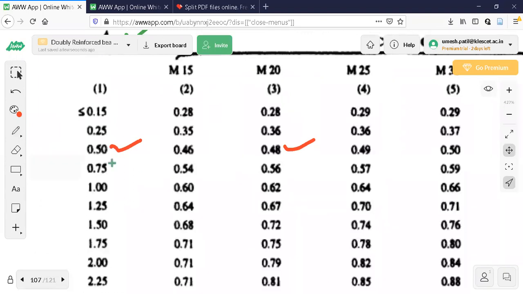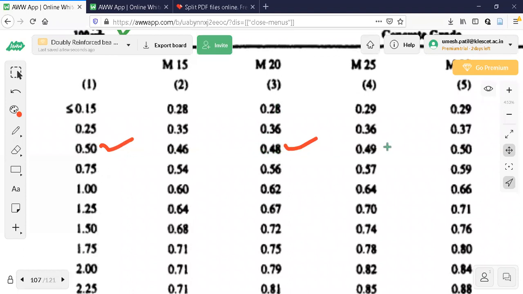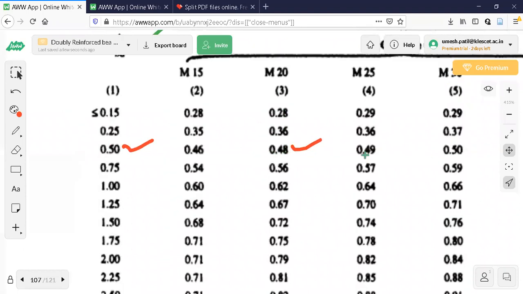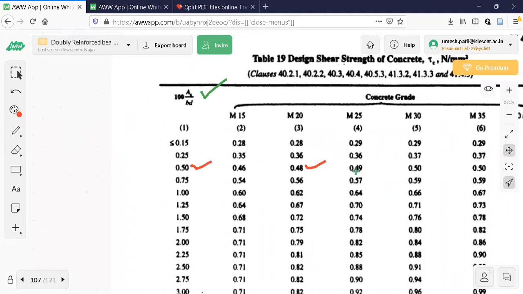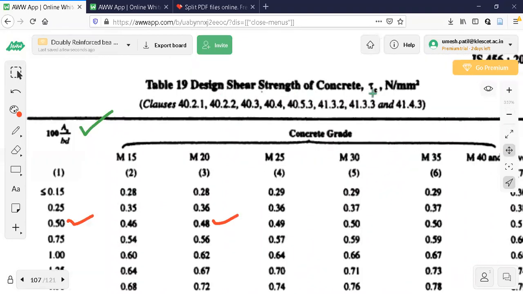In the given problem, 100 AST by BD was 0.5. Since M20 is given in the problem, the value of tau C, we call it tau C. Tau C means shear strength. See this, shear strength of concrete tau C in Newton per mm square. So this is 0.48 Newton per mm square.